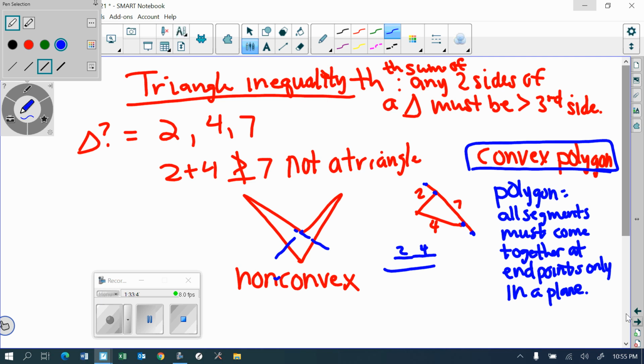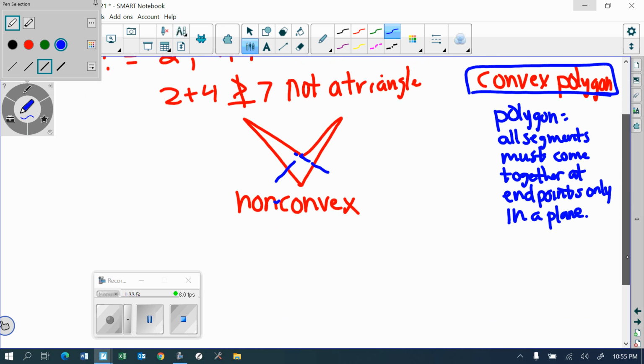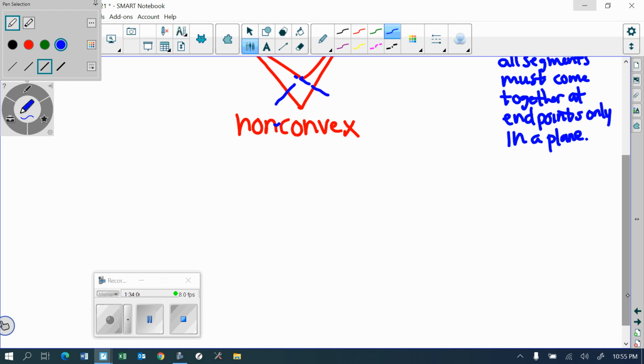Okay, so now you've learned the definition of polygon as well, and non-convex versus convex. We only deal with convex polygons, and that's all the formulas we have. Okay, so let's go ahead and go on to this. So you could have a question, and you will have a question if it's a review.